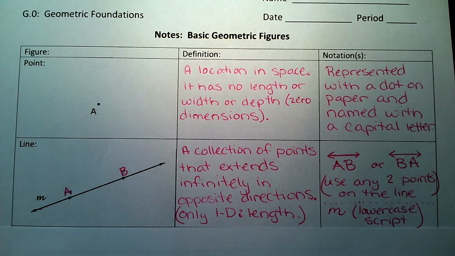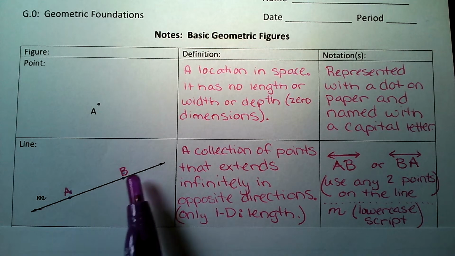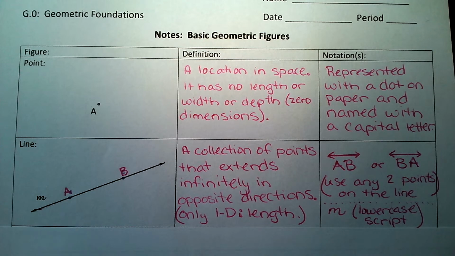Again, I know you could look at our picture and say that this has some kind of thickness to it. In fact, in Word, I could change the thickness of this line, but that's just a way to represent the image on paper. It only has one dimension, and that is the dimension of length.